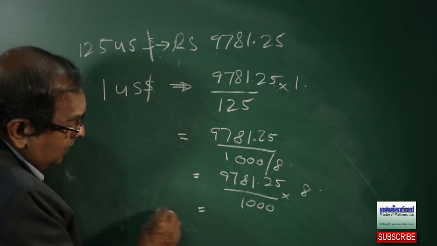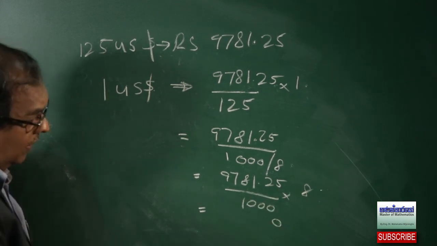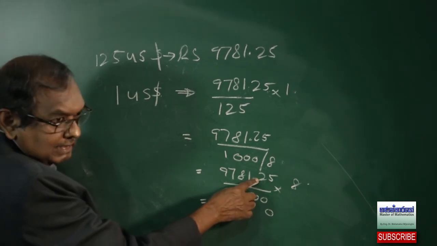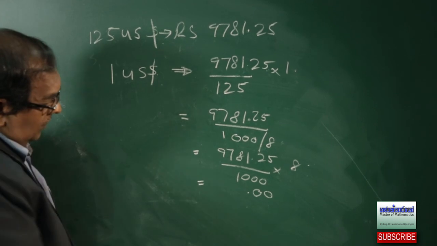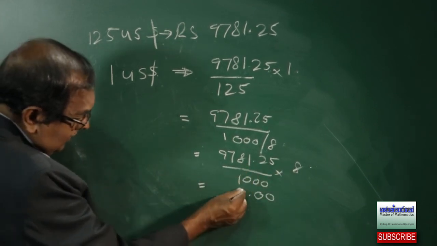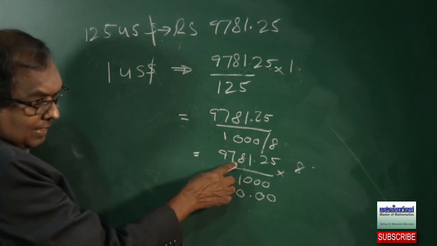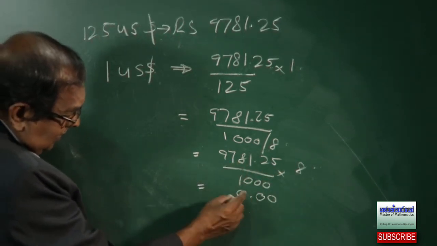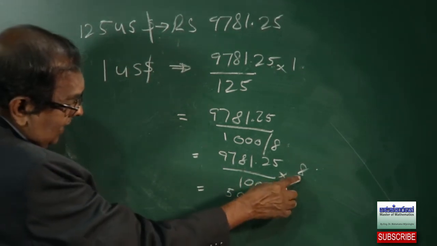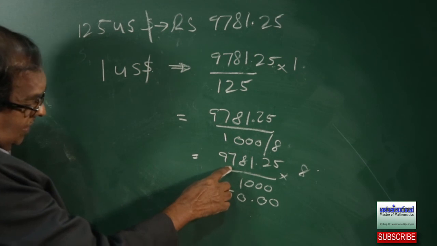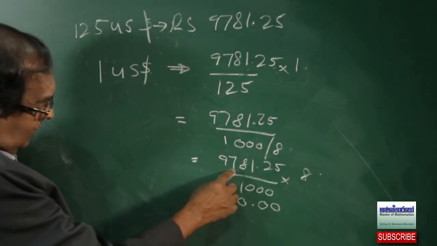Then the answer is: 8 into 5 is 40, 0. 8 into 2 is 16, 16 plus 4 is 20. 8 into 1 is 8, plus 2 is 10. 8 into 8 is 64, plus 1 is 65. 6 is here. 8 into 7 is 56, 56 plus 6 is 62.